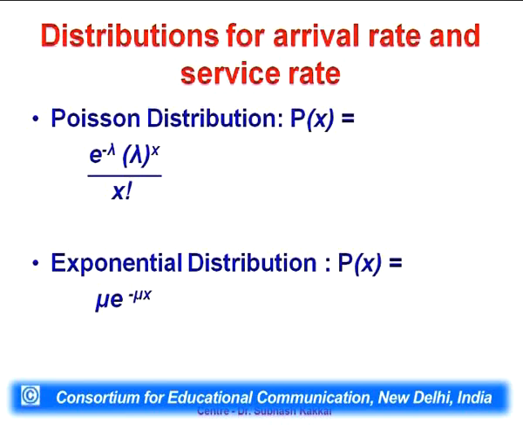And similarly, exponential distribution for service rate Px is given by mu e raised to power minus mu x. And this needs some explanation.